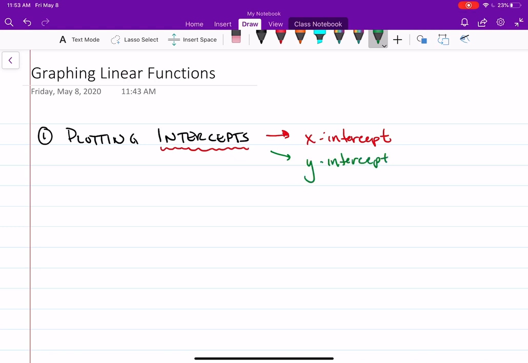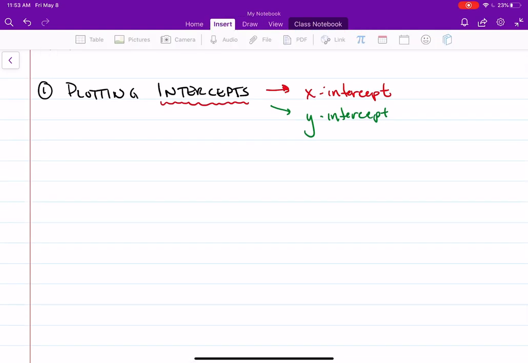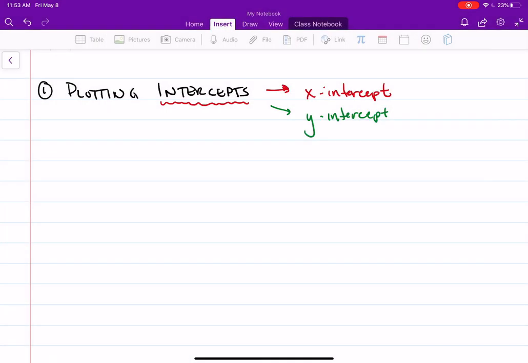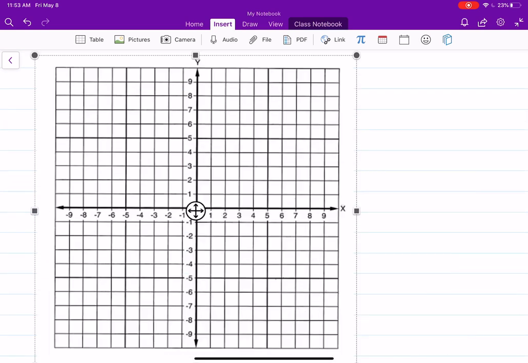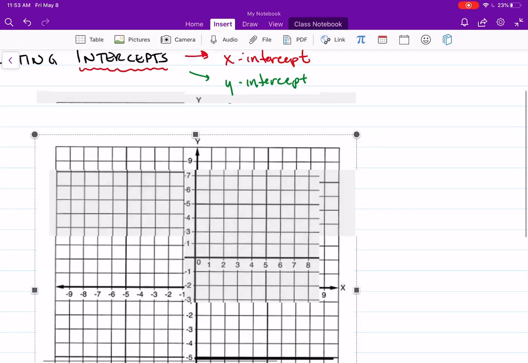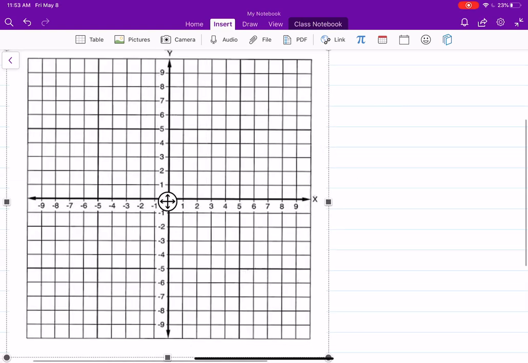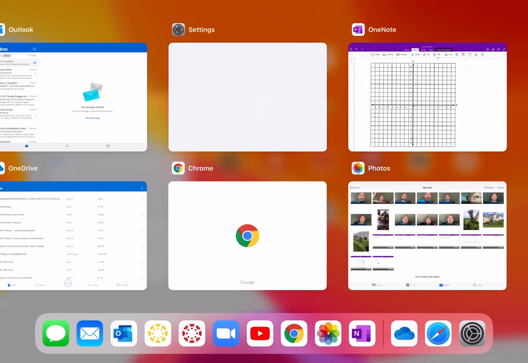Okay, so what do we know about those two things? Well, let's take a look. So I need a graph paper. There's my graph paper. Move that up here a little bit more. Let me shrink this down a little.